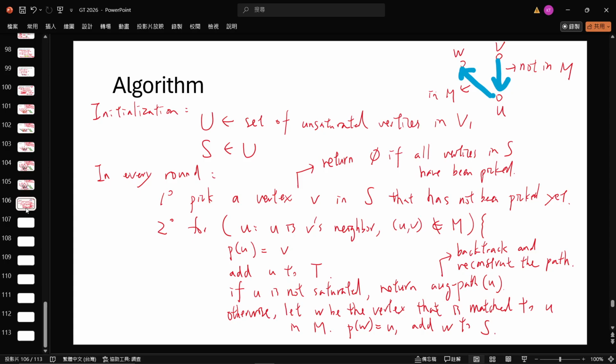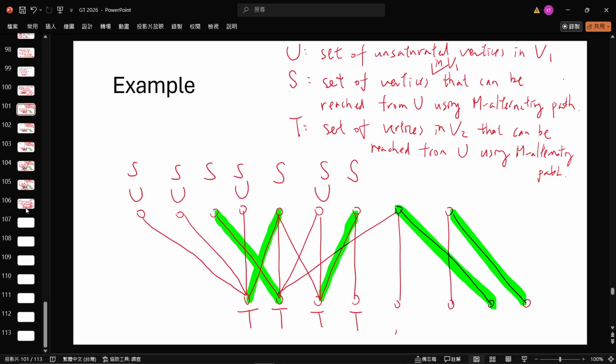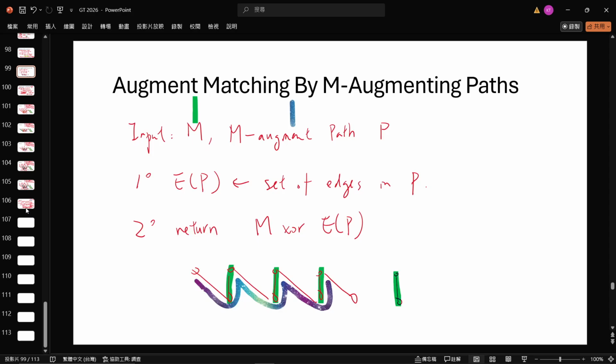First you compute a matching, then find an M-augmenting path and use this algorithm to enlarge the matching, and then find another augmenting path, and apply this algorithm to enlarge the matching again, until the M-augmenting path algorithm cannot return any augmenting path. At that moment, the matching you have will be a maximum matching.